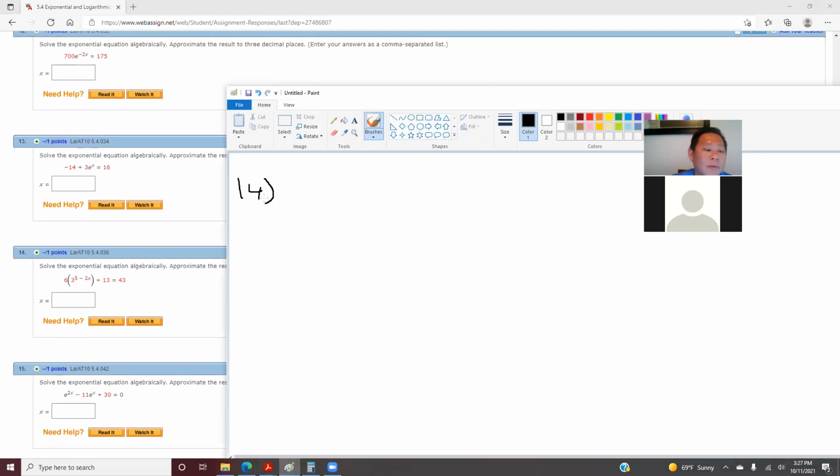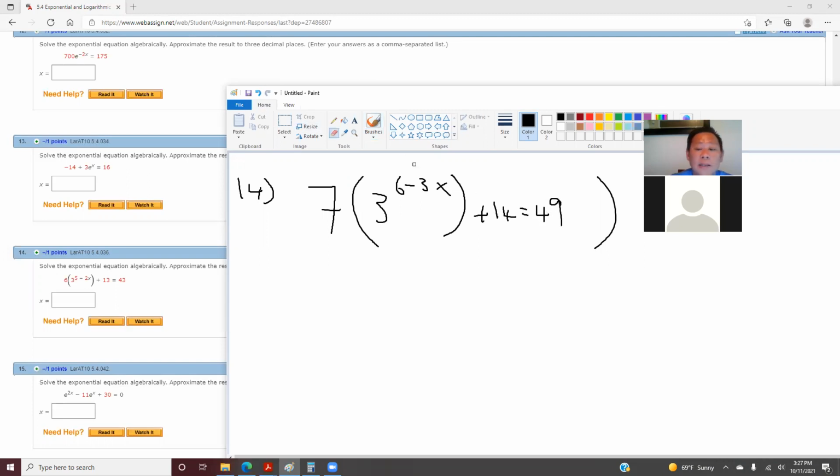I have 7 parentheses 3 to the power of 6 minus 3x, close parentheses, and then plus 14 equals 49. So what we do in this case is we have to solve for x here.